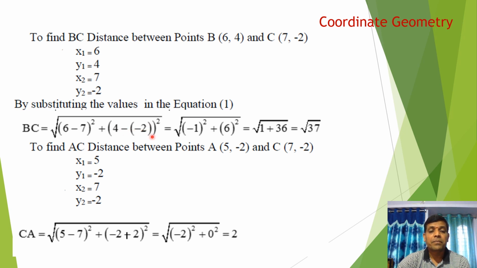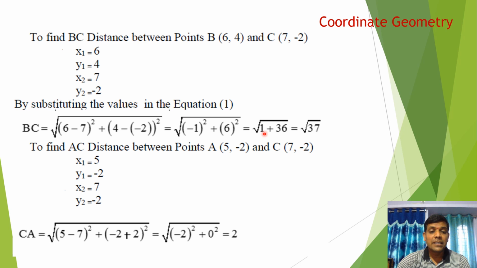This is written as square root of (-1) square plus 6 square. Now (-1) square means 1, plus 6 square means 6 into 6, 36. This is written as square root of 1 plus 36. Next step, square root of 1 plus 36 equals square root of 37.